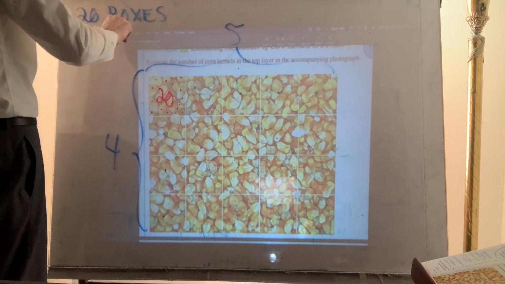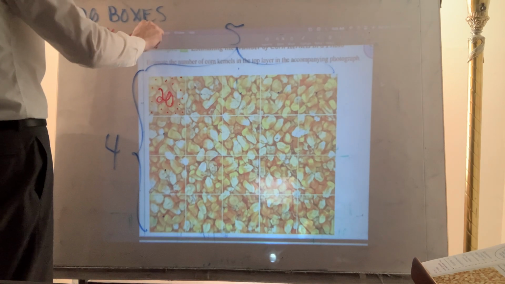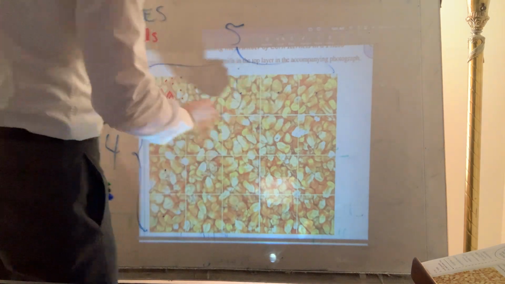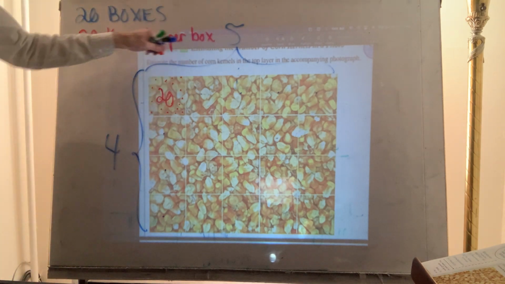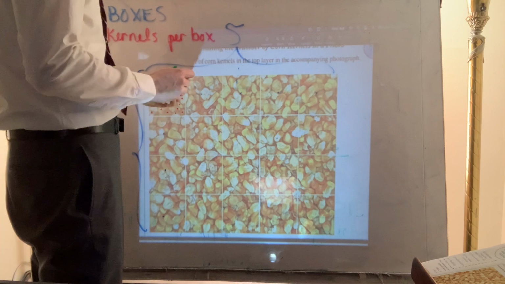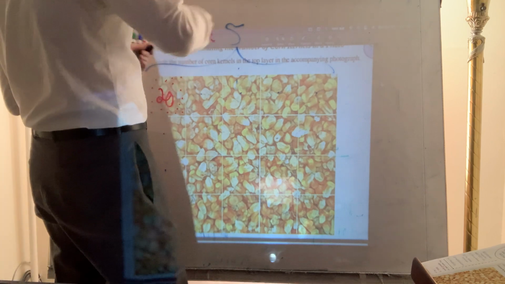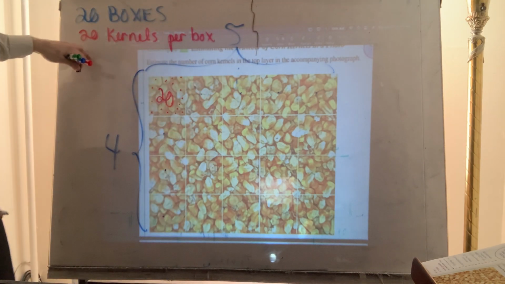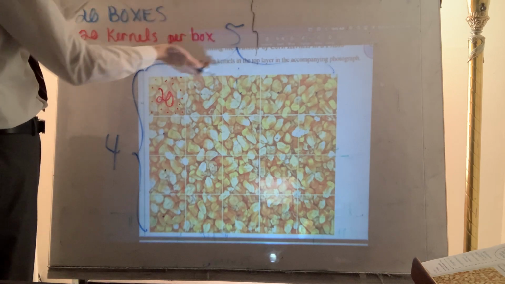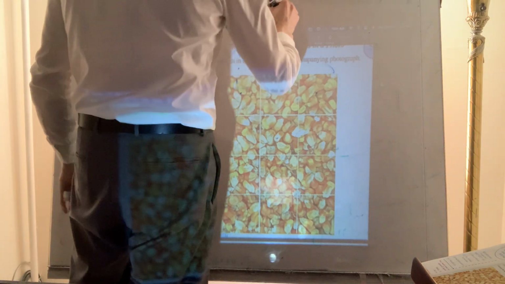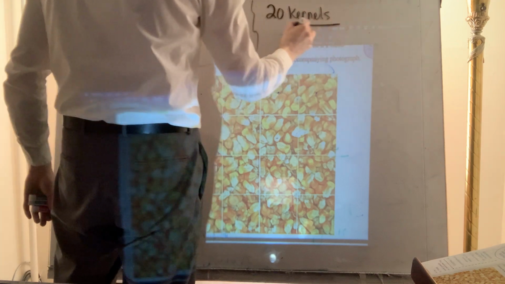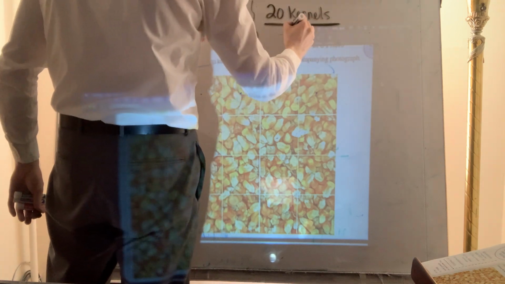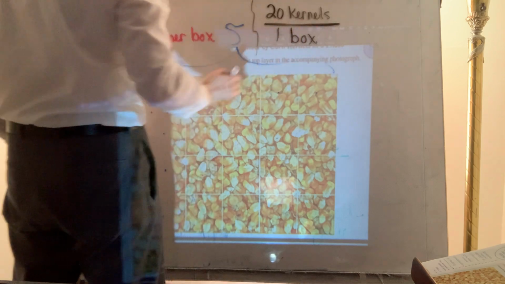20 kernels per box, right? That's a rate once again. So if we translate this into something similar to what we were just talking about, a rate written in the style of a fraction, it is 20 kernels per, that's that line, one box.